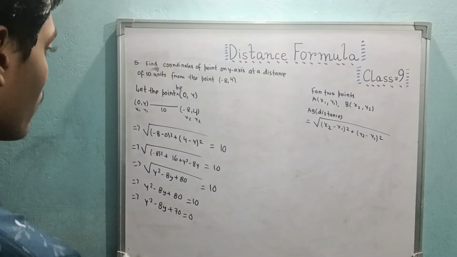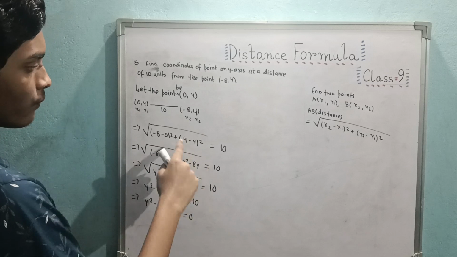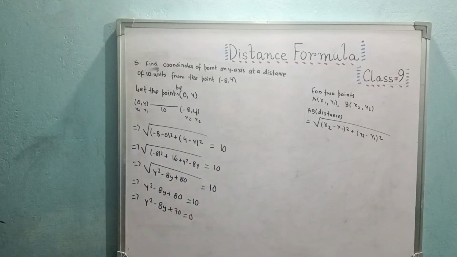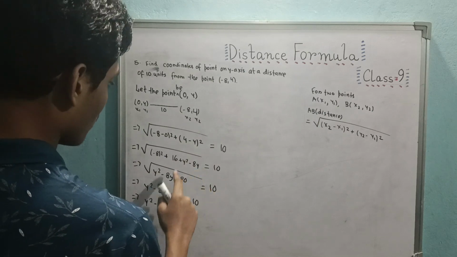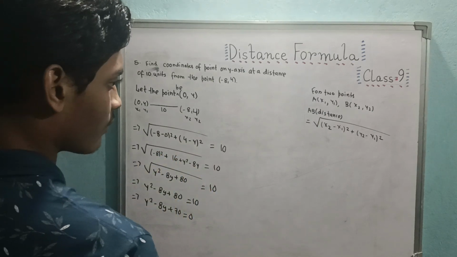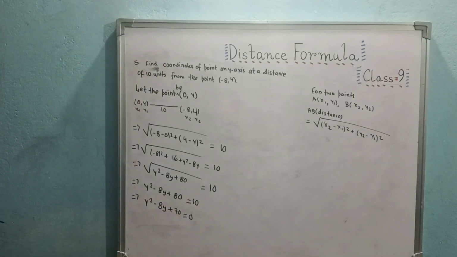And y2 is 4, so 4 minus y whole square is 16 plus y square minus 2 into 4 into y, minus 8y. Then y square minus 8y, 64 plus 16 is 80.